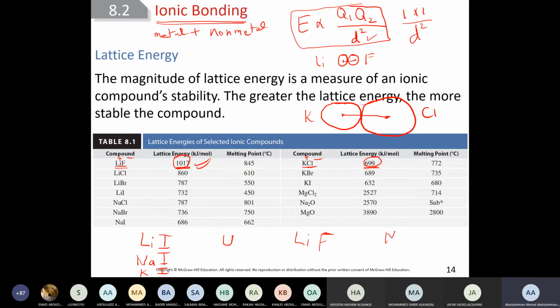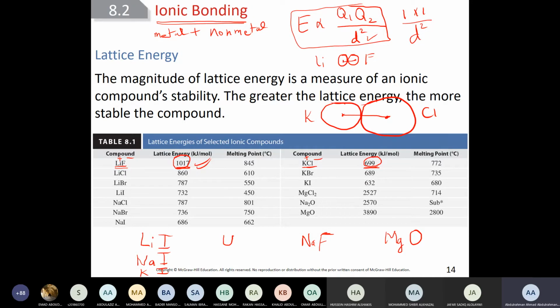No, not good. Let's compare sodium fluoride with MgO. Which one do you think will have higher charge?